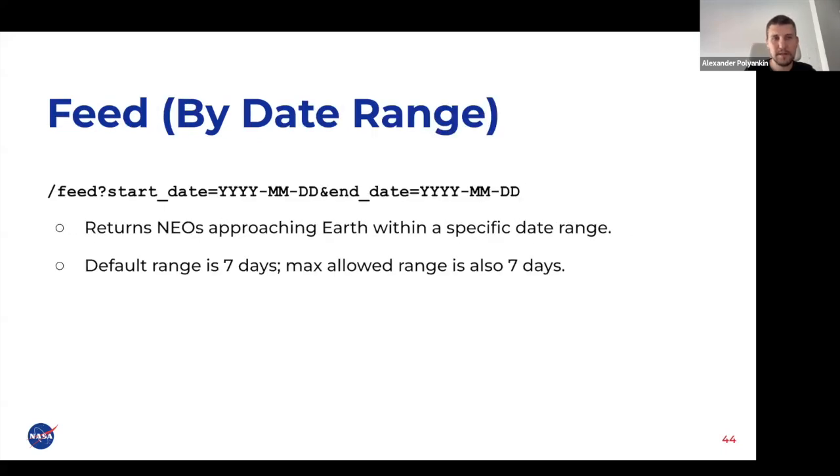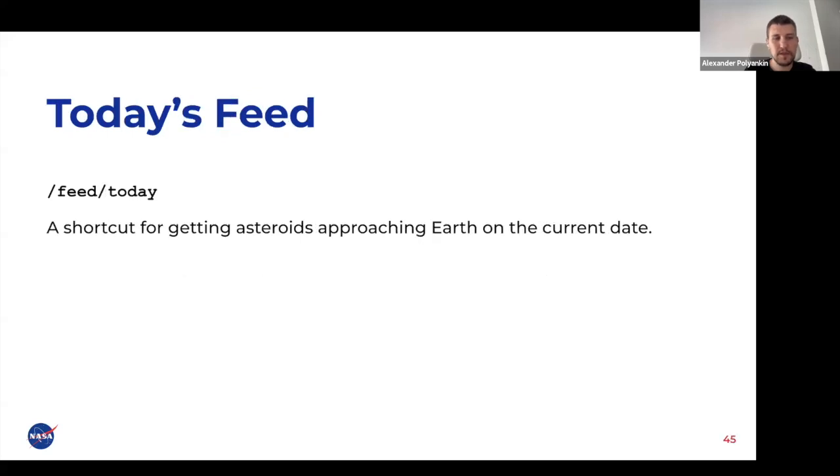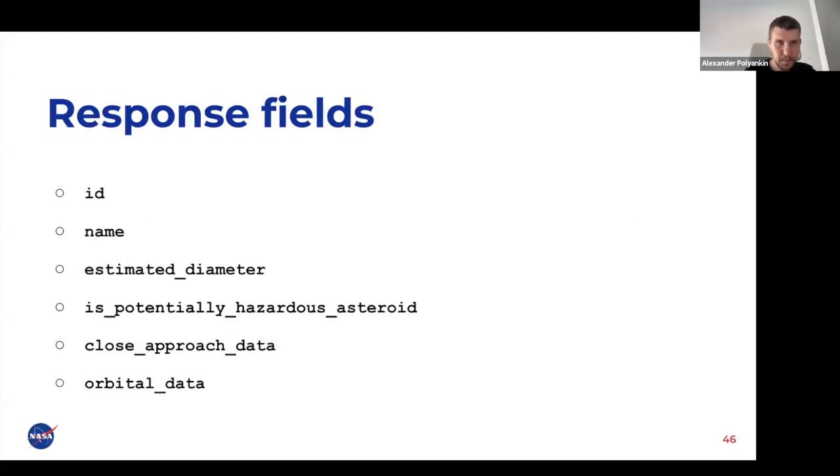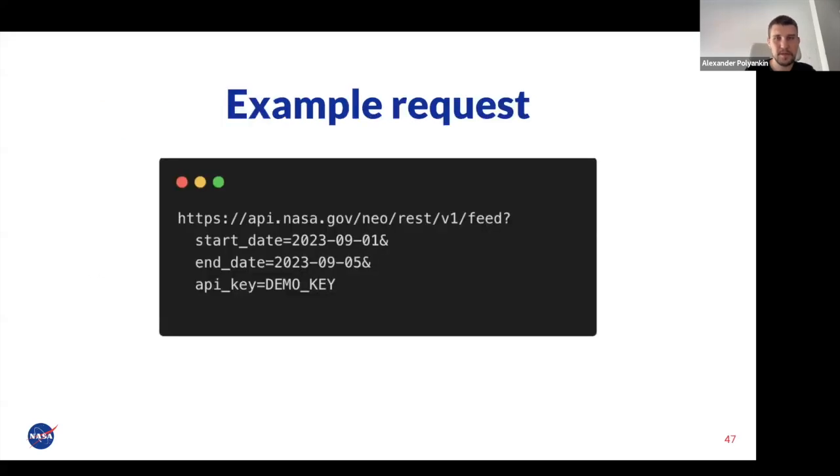So you can filter by dates, and for your convenience, you can also get information about all asteroids that would be close to Earth today. The most interesting response fields are ID, name, estimated size, whether it's hazardous or not, close approach data, and orbital data. So that's how a sample request could look like.